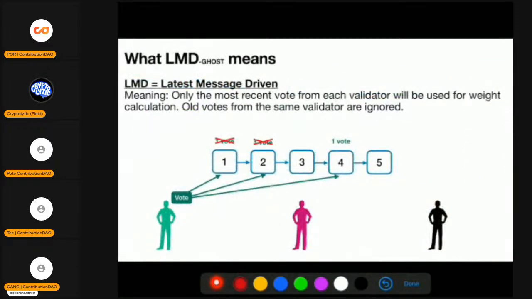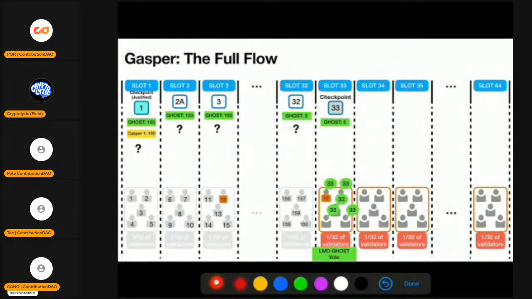If you remember this picture, you only consider the latest vote because the validators get reshuffled. So this means that the vote for this block is going to get ignored. When it gets ignored, it's going to get -1, -1, -1. But when you vote here again, it's going to +1 here, +1 here, all the way here.